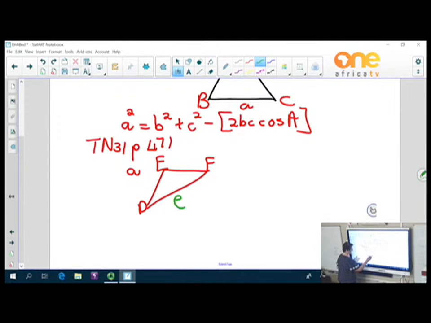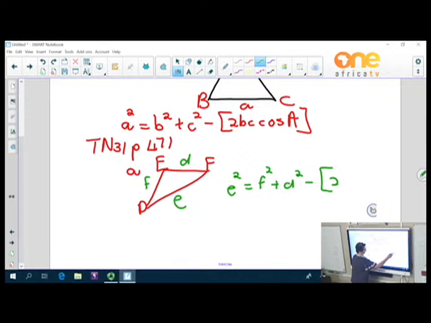So this will be e, this will be d, and this will be f. So for instance, if I want to calculate e squared now, it will be f squared plus d squared minus, in brackets, 2fd cosine E. It's always back to this one, cosine E.